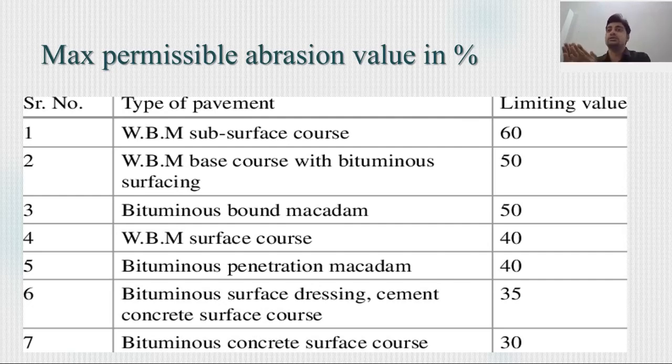WBM surface course 40%. Bituminous penetration macadam 40%. Bituminous surface dressing, cement concrete surface course 35%, and bituminous concrete surface course 30%. So these are the limiting values for different types of pavements for maximum abrasion value.